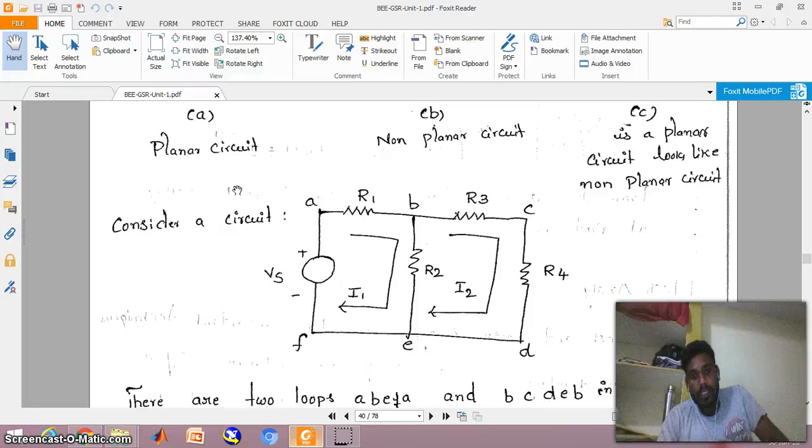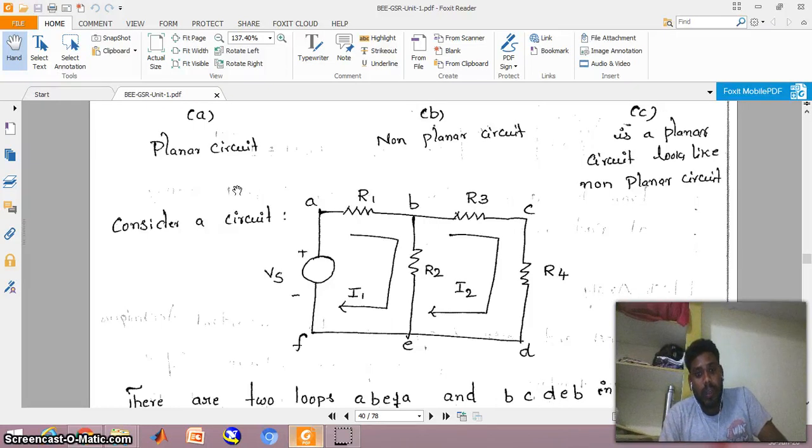So in mesh analysis, we assume the currents. First identify the loops. So here in this circuit, a total of two loops are there. One is the A, B, E, F, A loop. Another one is B, C, D, E, B. So that is the second loop.